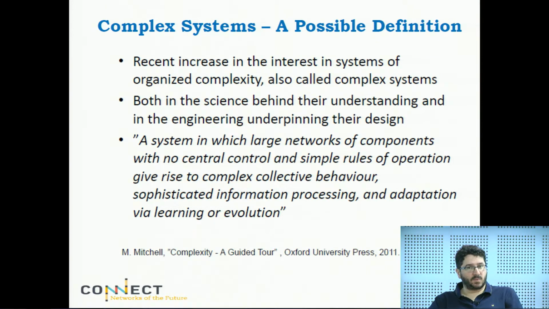Somehow information is processed in a sophisticated way, and that's what leads to emergence. And they might be able to adapt to the environment, even possibly via learning or by evolution. So there are many things here in one definition. It's not a very formal definition. I don't think we are at that stage yet. But that's the best definition I found so far.